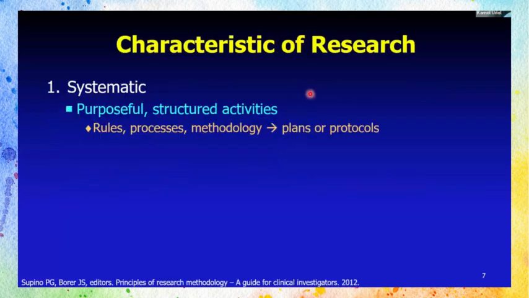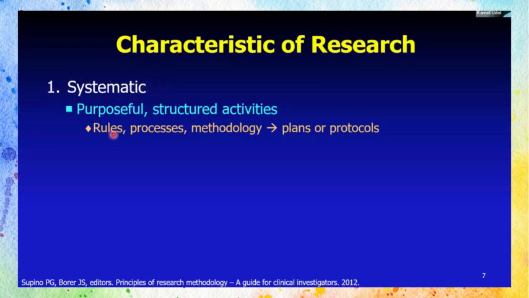And a research should possess these characteristics. The first characteristic is that research must be systematic. The whole process of doing research must be systematic.